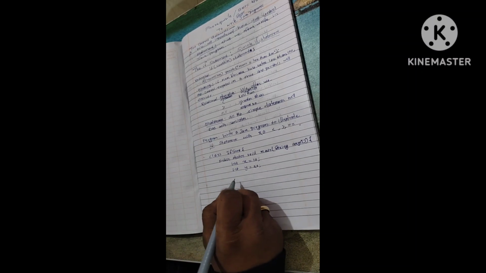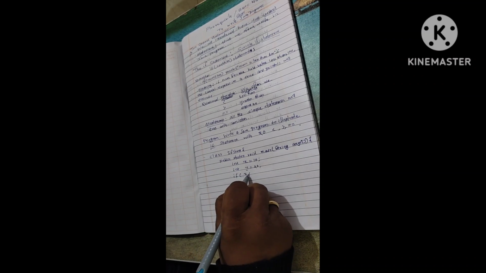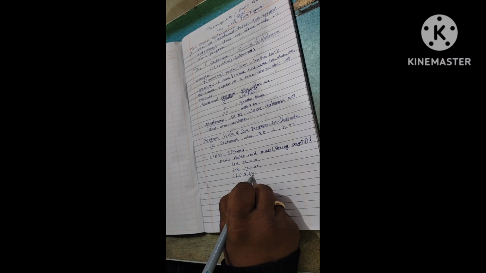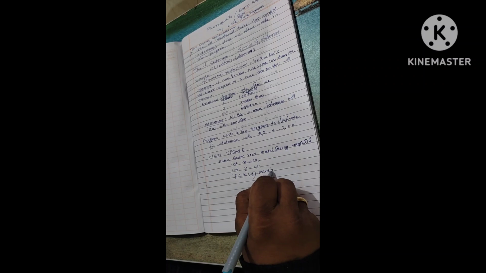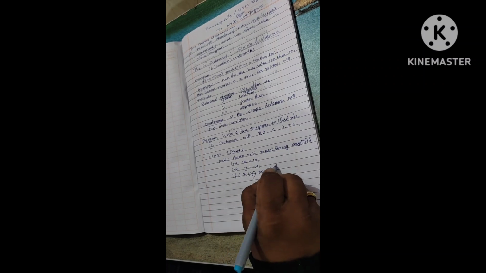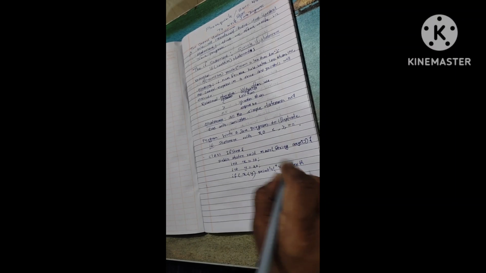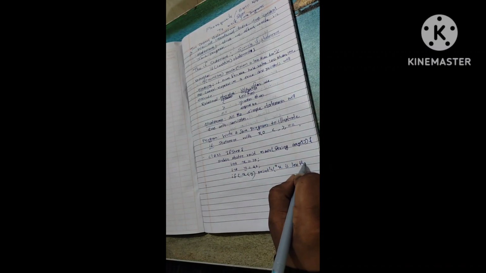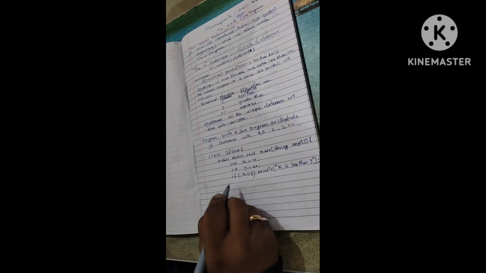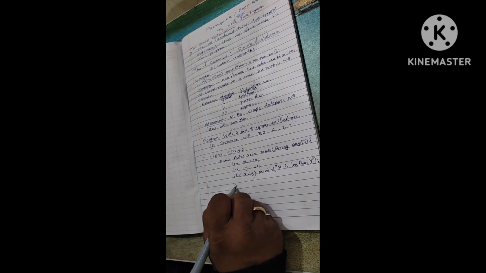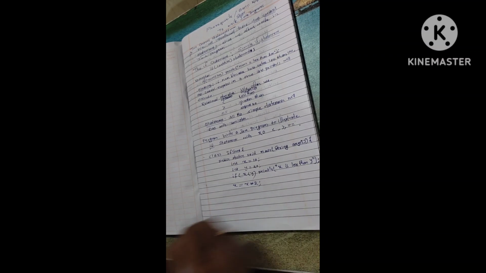Now what will we write here? Write if x < y, we'll write simply println, "x is less than y", and terminate the statement. Now write x = x * 2.